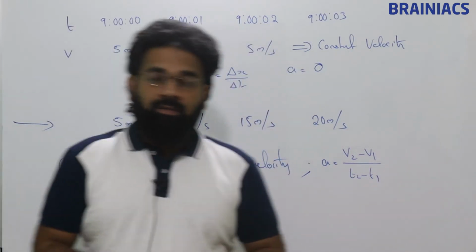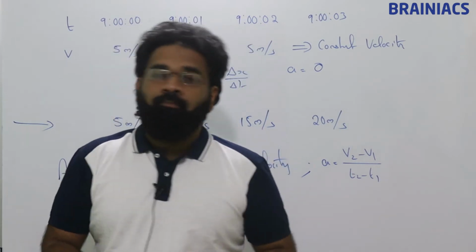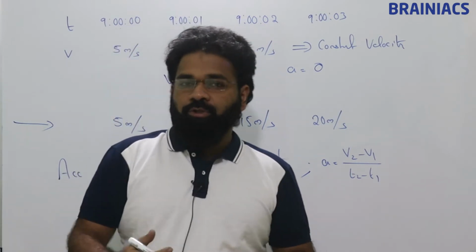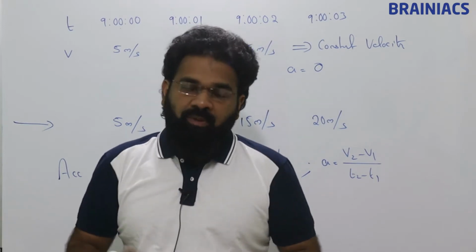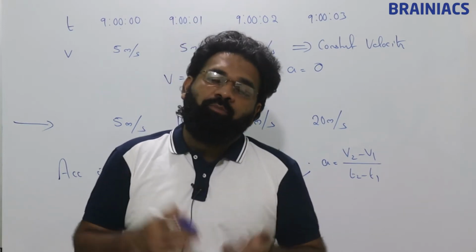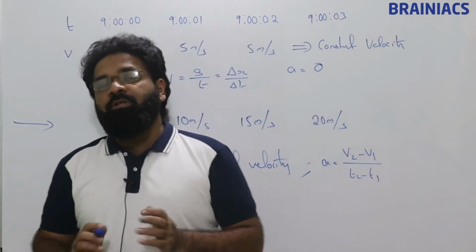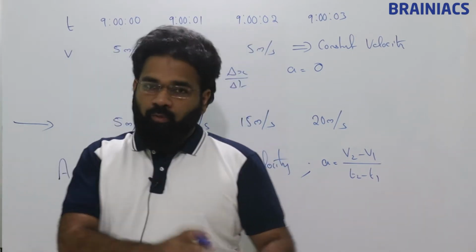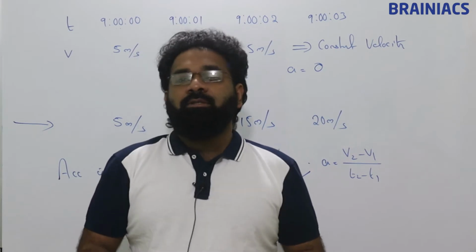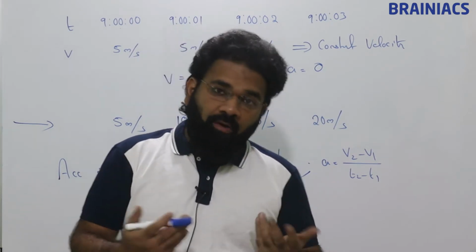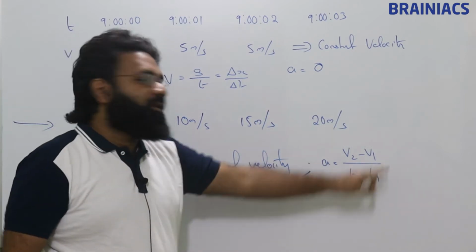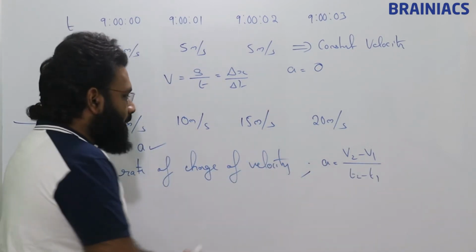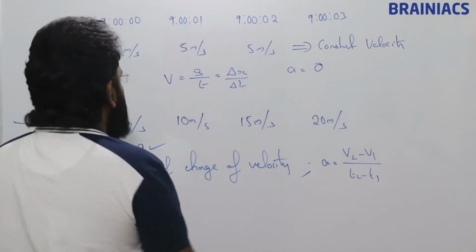Just like velocity is rate of change of position, or rate of change of displacement, since change in position is displacement, that is what velocity is. Same way, acceleration is nothing but rate of change of velocity. So A is equal to V2 minus V1 by T2 minus T1. Clear?